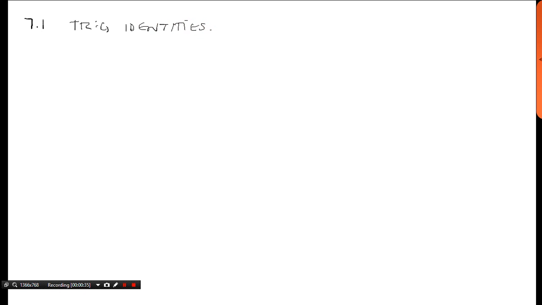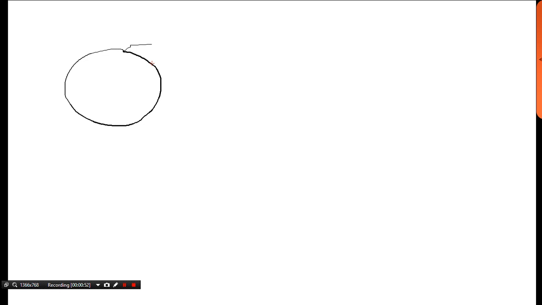So let me just take you back to the beginning of all this trig function stuff where we had the unit circle. Here's my unit circle. Now if I took any point, and here's the origin on a unit circle, this is a point x, y that's on the circle.